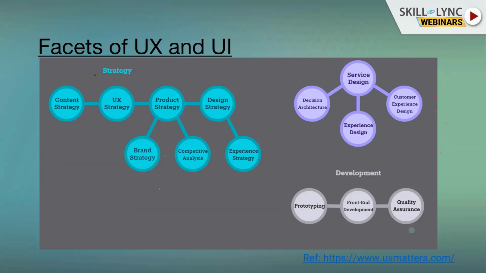Now when we say UX strategy, there are so many elements where you understand the business, who the users are, and what the technology environment is. I'll show you a sample of how we can make the table of the initial UX design. Branding is very important. Let's say you have Google, Microsoft, and Apple.